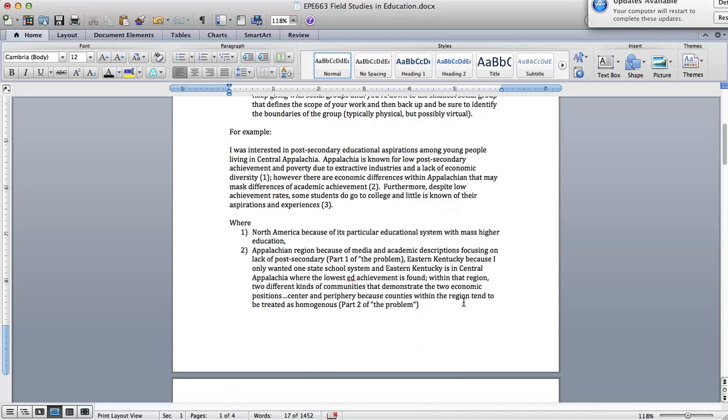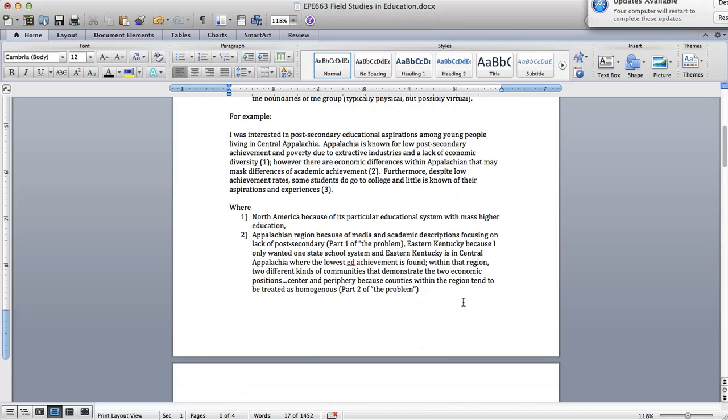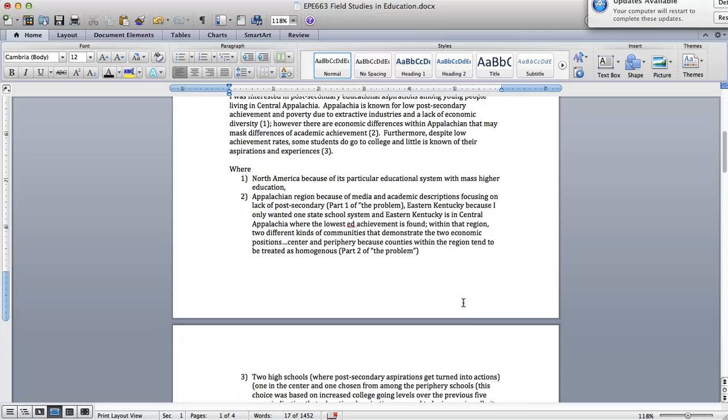Center being the place where banks and hospitals are located, periphery being the place where typically people work and live, but they have to use the center to transform their work into something that they can use. In other words, their paycheck comes from the center, but they may work in the periphery, that kind of thing. Okay, sorry, too much of my work.